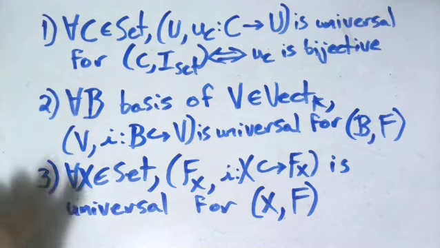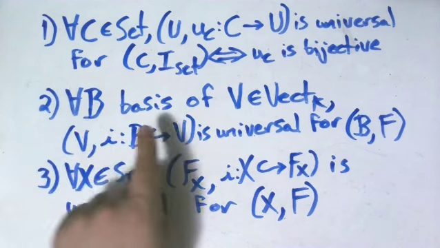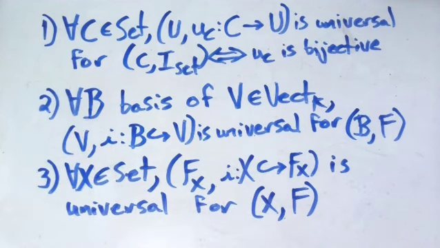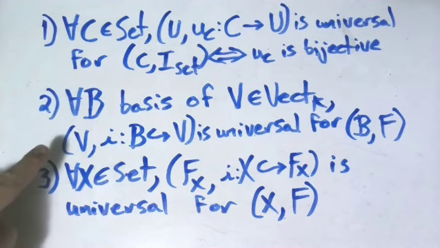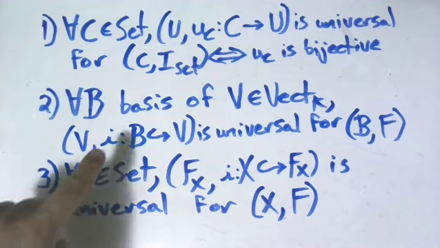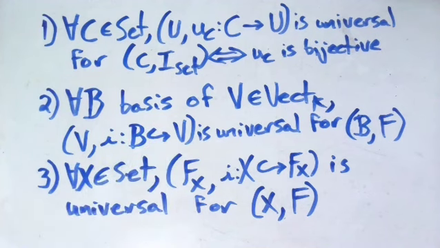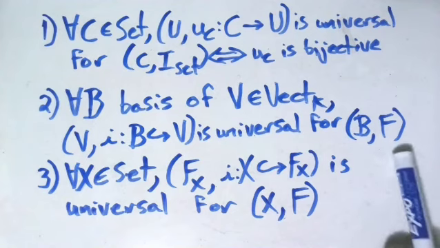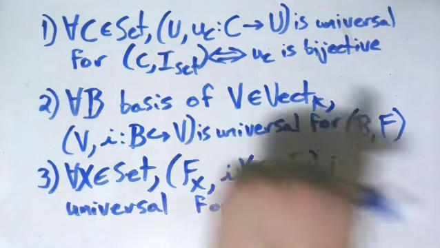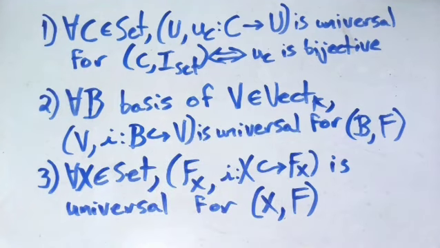The second result was that for any basis B of a vector space V in Vect_K, where we've fixed some field K, we get that V and the inclusion map from that basis into the vector space V is going to be universal for the basis B and the forgetful functor F, which goes from Vect_K into the category of sets.